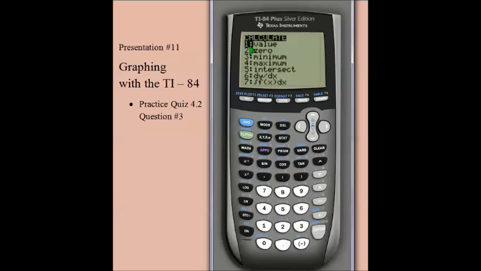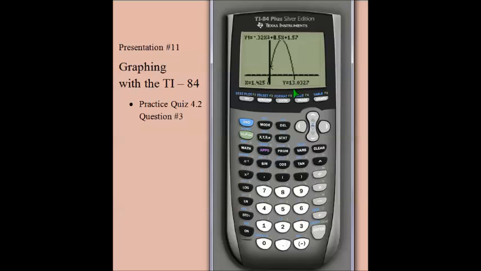Second calc, I want to find the value when x is 1.425, enter, and we get 13.033. And again, when you do this, the cursor is at the point whose coordinates are given.